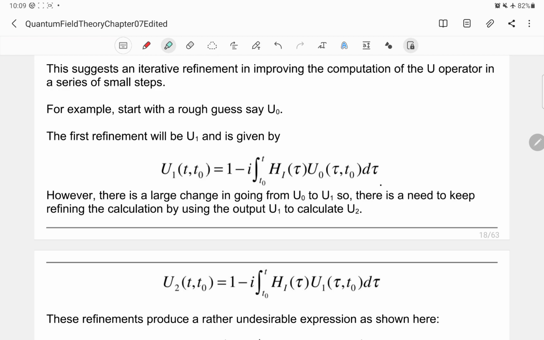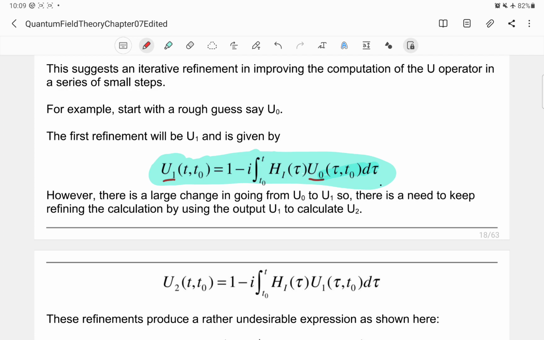As an illustration, we start with a rough guess, say U sub 0, and the first refinement would be U1, and this is given by this. So this is your U0, and then your U1 is on the left side.